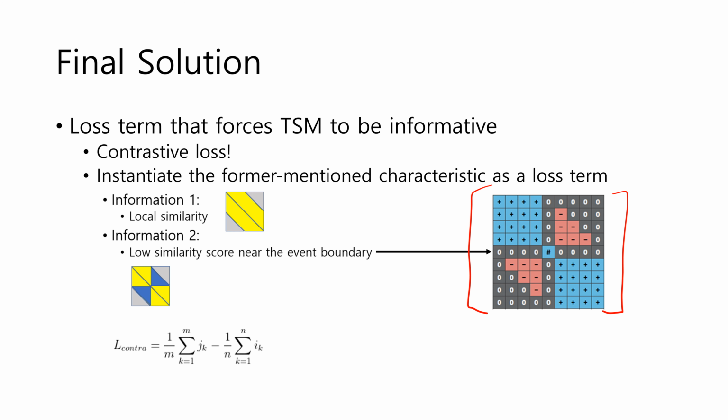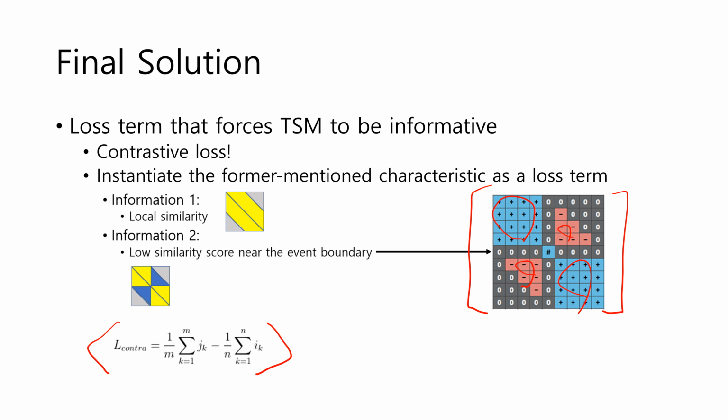The blue plus denotes the element that should be maximized, and red minus denotes the element that should be minimized. Gray zeros refer to neutral samples, which are ignored when we compute the auxiliary loss. So with this mask, the loss term is calculated like this.